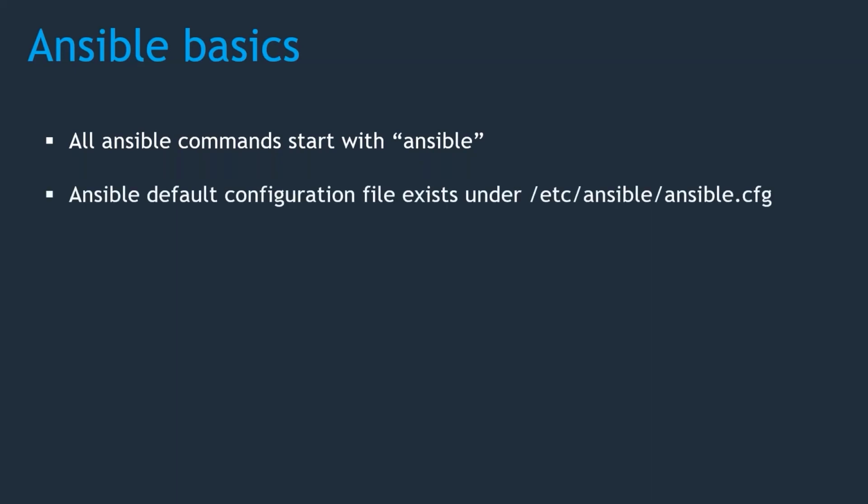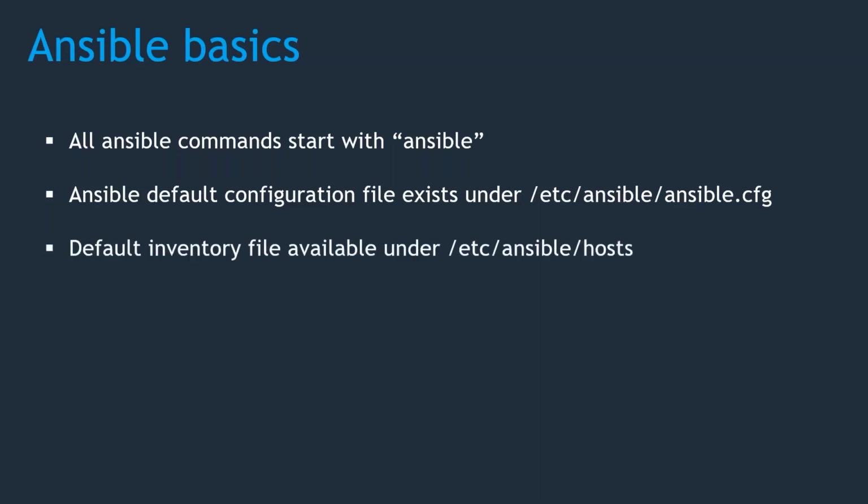Next, the Ansible default configuration file exists under /etc/ansible/ansible.cfg. This is the default Ansible configuration file location. Maybe we can create our own customized ansible.cfg file, but we can see that in later classes. For now, we are going to use only the default Ansible configuration. Next, the default inventory file is available under /etc/ansible/hosts.